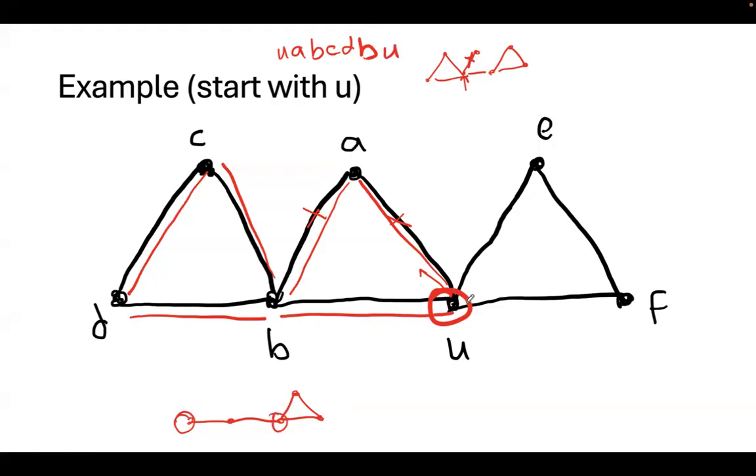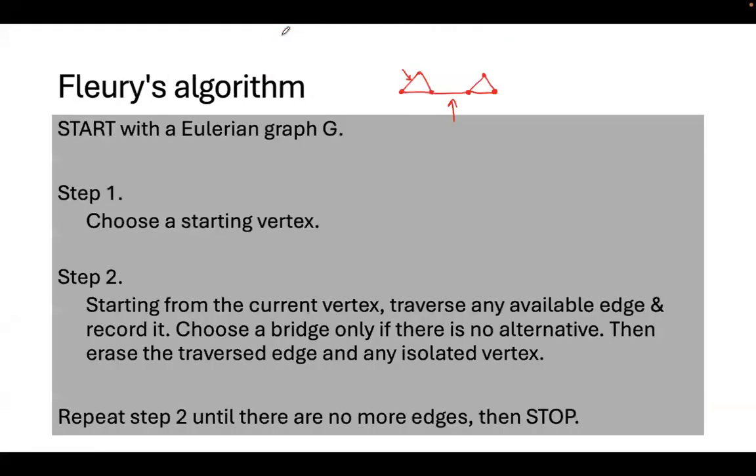And so now we're back at U. And so now we can go around the triangle any way we want. So I'll choose counterclockwise. So F, E, and then back to U. And then once we do that, we're done because we've gone through the whole graph. We've erased all those edges and we've found this Eulerian trail, which is UAB, CDB, UFEU. That's our trail. So that's our algorithm to go through the graph.